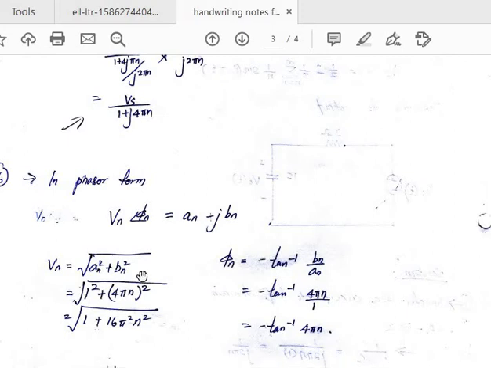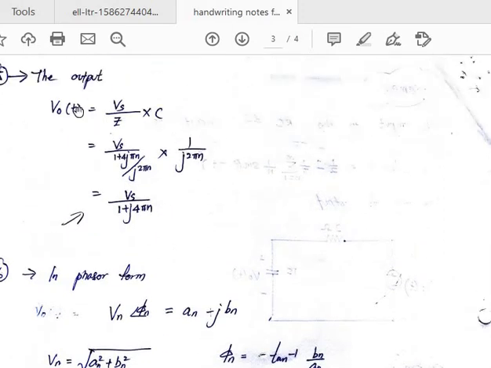From here you know that An is 1 and Bn is 4 pi n. Maybe you might ask where I get those 1 and 4 pi n. If you look at this one, Vs over 1 plus j 4 pi n, it actually refers to Vout.